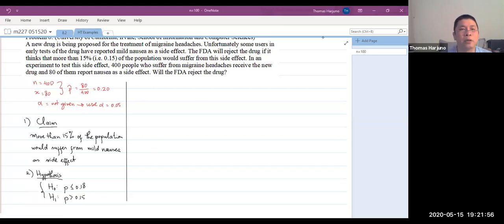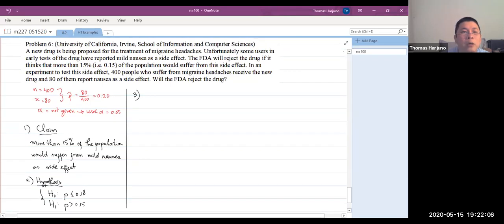I did the first 2 steps. Now the wording for your claim may be different from mine, and that's fine, okay? The keyword is it will be more than 15%. You may phrase the claim as the FDA rejects the drug, but then in your hypothesis, you will be the same as mine. In my opinion, it is much preferable to state in your claim something to do with the parameter and the constant.